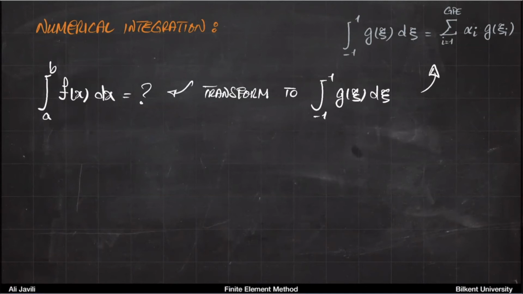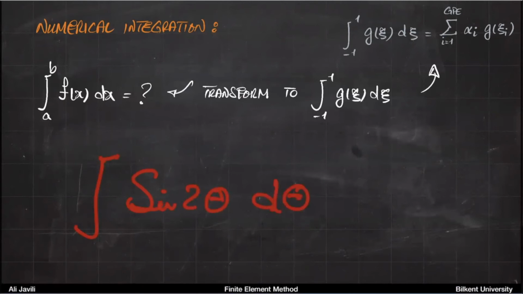You have done these transformations in different forms in your academic life. I can give you an example. For instance, if you had sin 2 theta d theta, I'm sure you did that transformation. You call this thing u, and then 1/2 du, and then you did the integral.